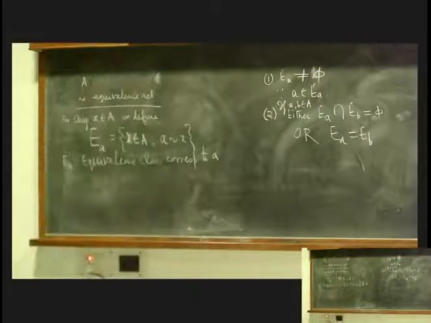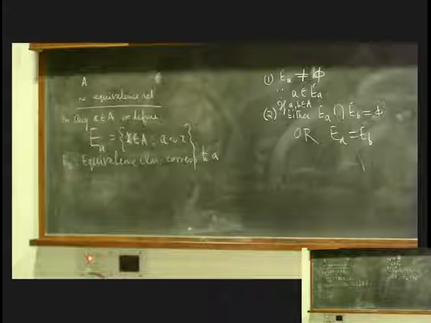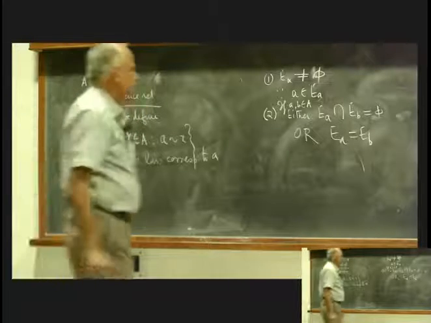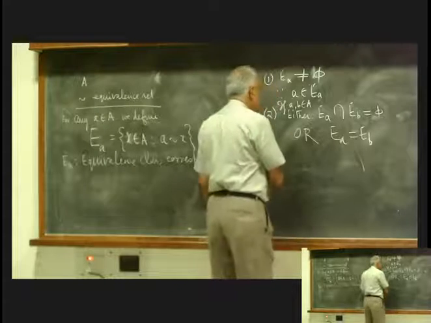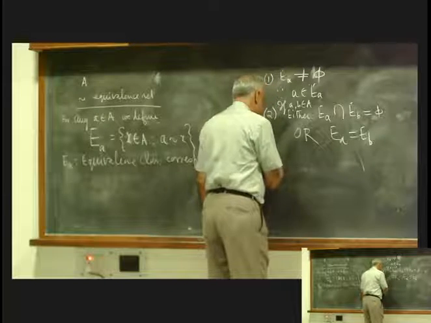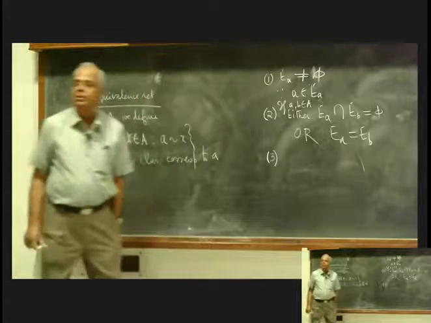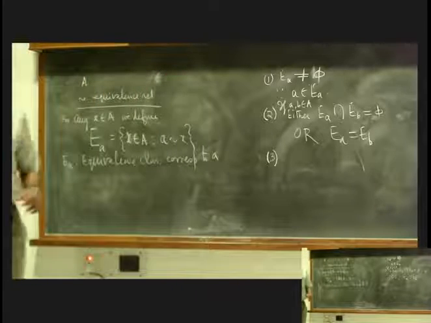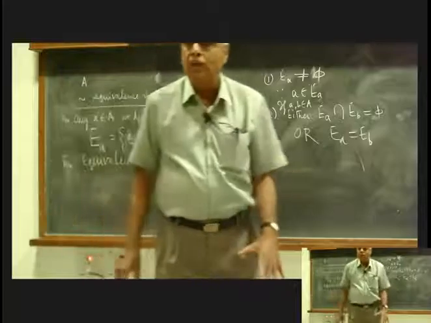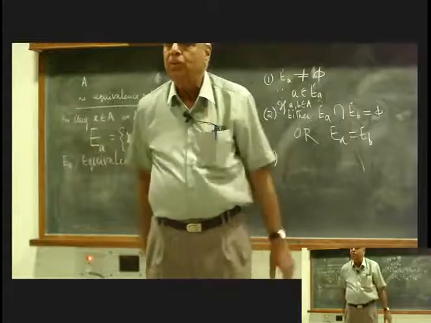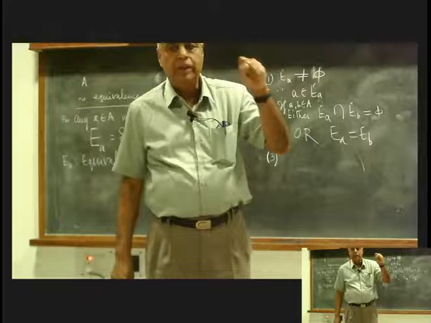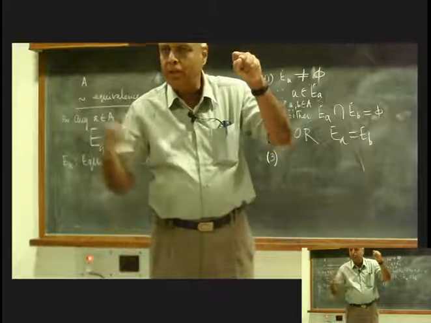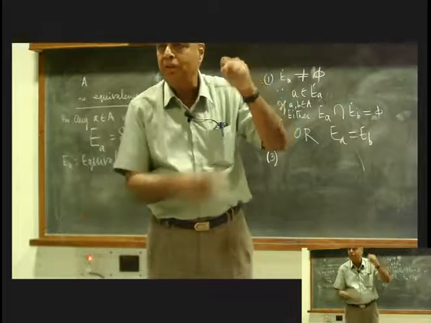If you take two elements in the set A and look at the equivalence classes corresponding to each one of them, either they don't have anything in common, or they completely collapse into the same thing. This is easy to verify. I will just write this. So what is the consequence of this? I will look at all the equivalence classes and take only the distinct ones. If a gives me E_a, I won't take E_b because I have already taken it, since b is equivalent to a.